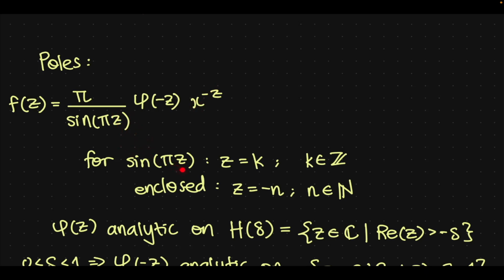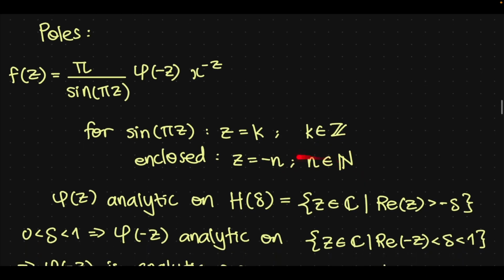Sine, yes, sine does. We want to find poles in z, not x. Well, we're going to have poles for all integers. So z equals k, where k is some integer. But the ones that are enclosed are actually going to be z equals minus n, where n is some natural number. So we're going to have poles at minus 1, minus 2, minus 3, and so on.